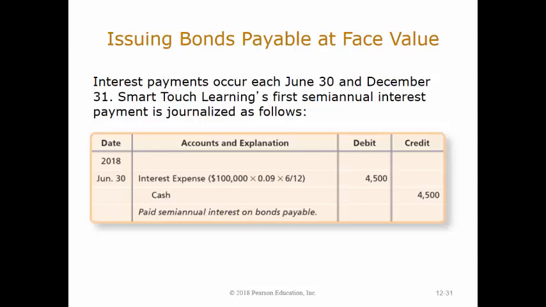Smart Touch Learning's interest journal entry includes a debit to interest expense for $4,500, $100,000 times 9% times 6 divided by 12, and a credit to cash for $4,500. Each semi-annual interest payment follows this same pattern.